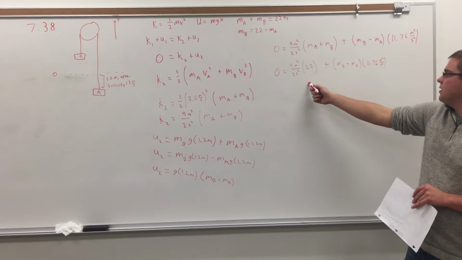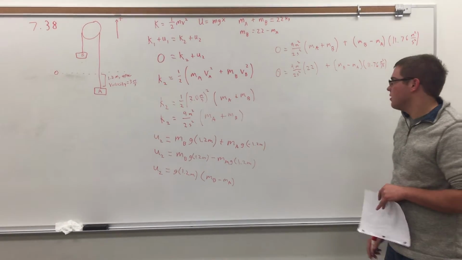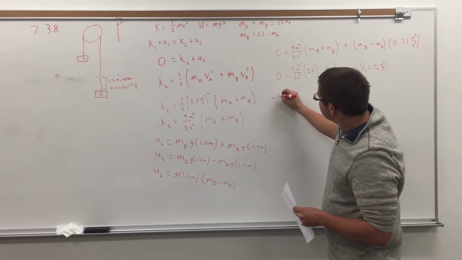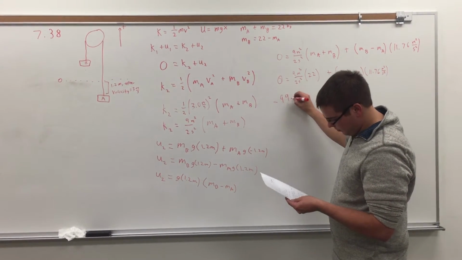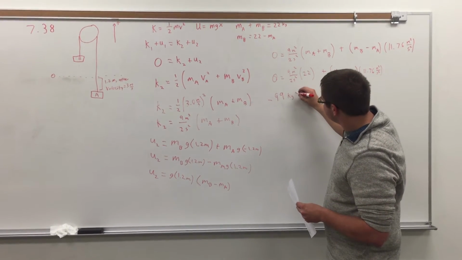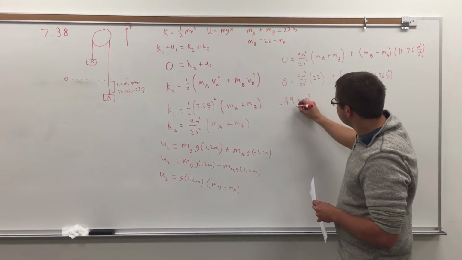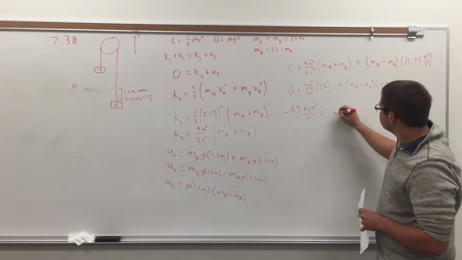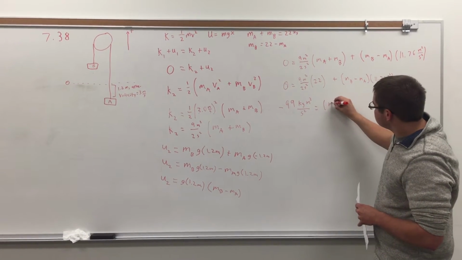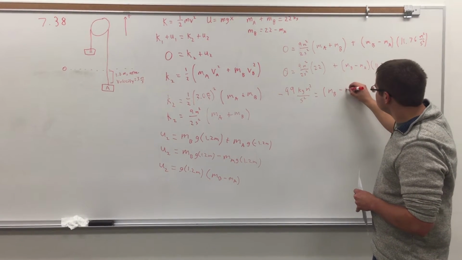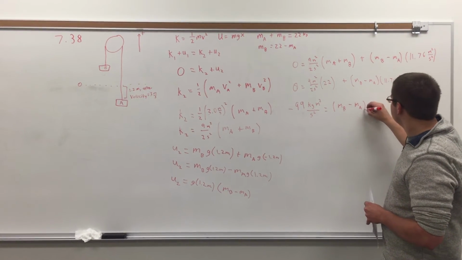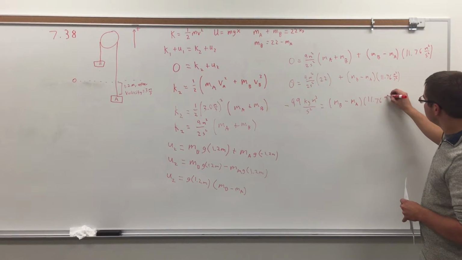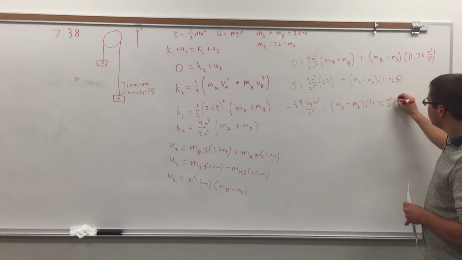So we're going to multiply these together and subtract them over to the other side. And what that ends up being, we're going to get negative 99 kilograms times meters squared over seconds squared equals mass of B minus mass of A times 11.76 meters squared over seconds squared.